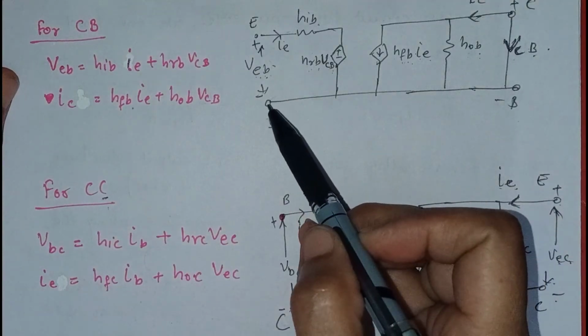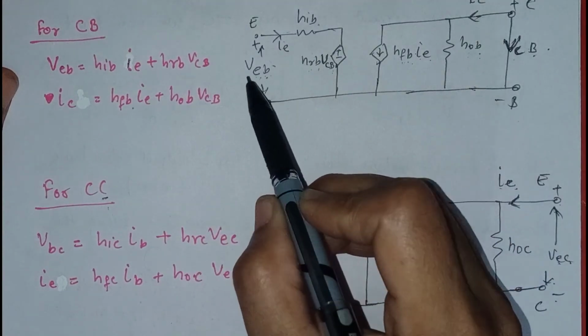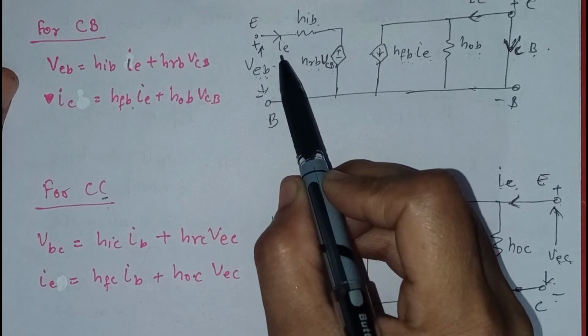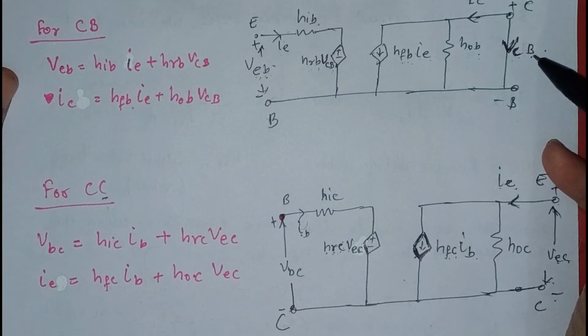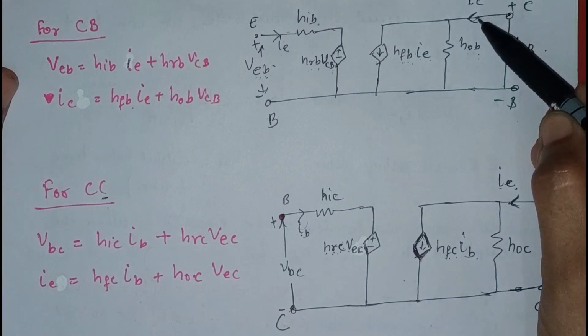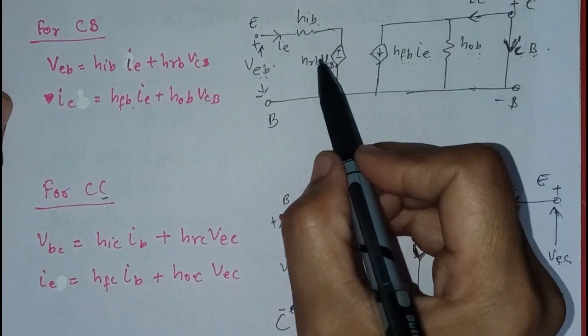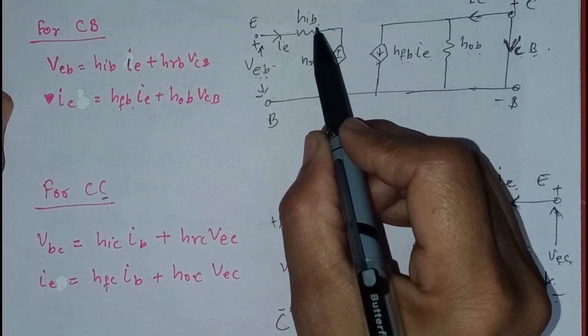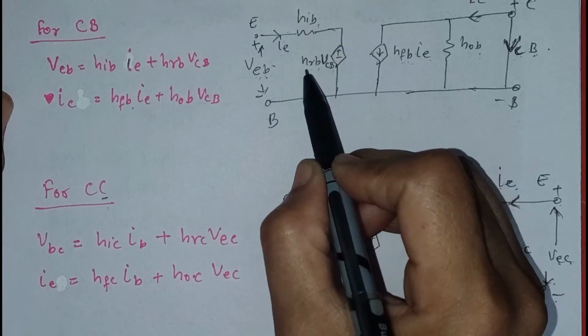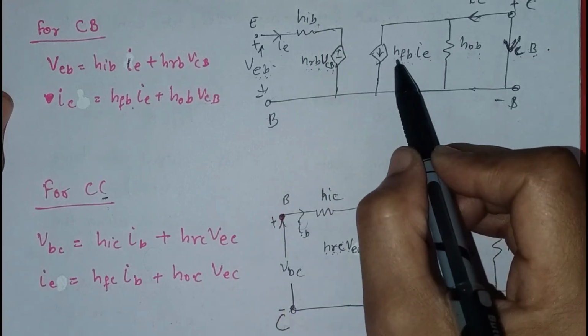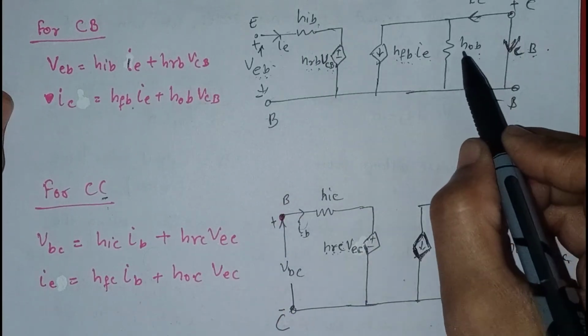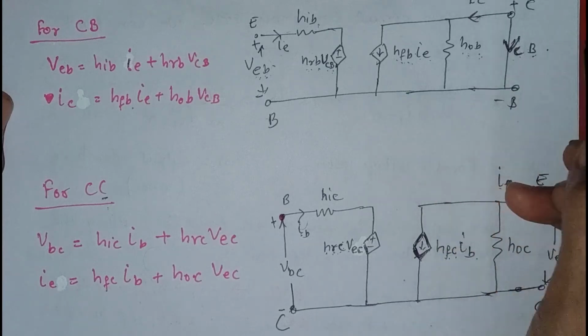In this case we have to just change the input voltage to VEB and input current IE, output voltage VCB and output current IC, and we have to add the subscript B. Here HIB, HRB VCB, HFB, HOB.